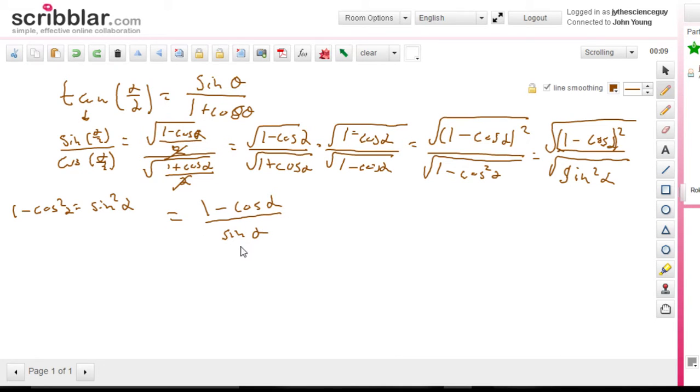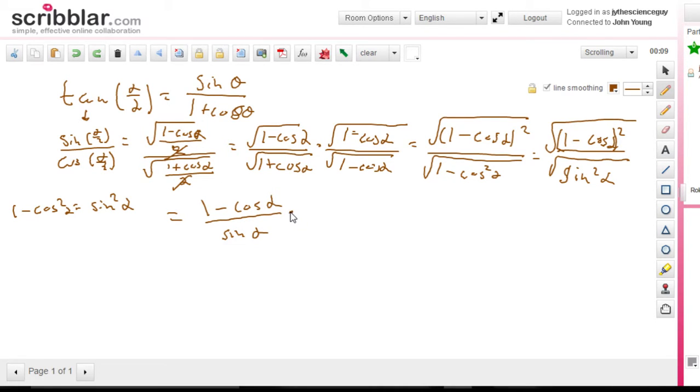And I think this is one of the trig proofs that you actually had. This was the second one that you wrote for me. So we got to that one. So now, what would be the easiest thing to do? I'm going to multiply this one by the conjugate of that.